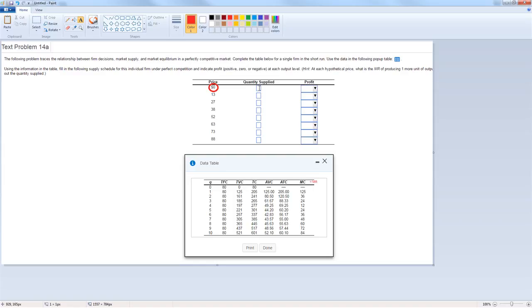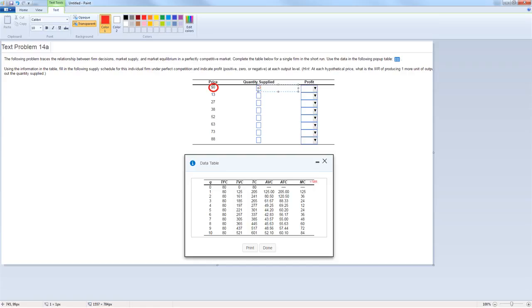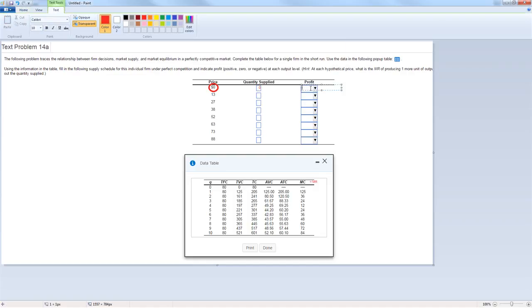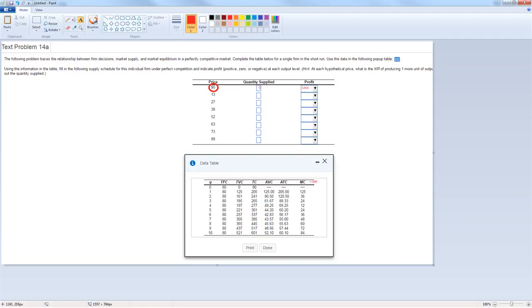So the quantity supplied would be 0, and the profit, if you think about it, if you're not producing anything, you don't have any revenue, but you still have fixed costs of $80, so we would be operating at a loss, okay? And I think in the drop down it's actually negative. It's like positive, no profit, and negative, or something to that effect. But that's how I would answer that, okay?